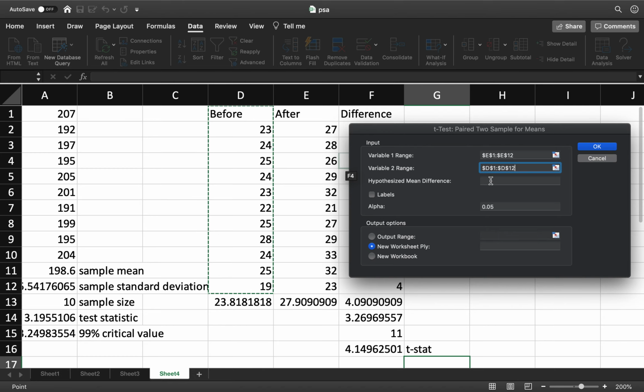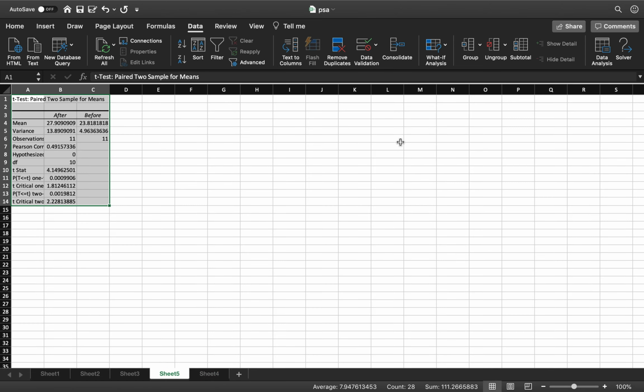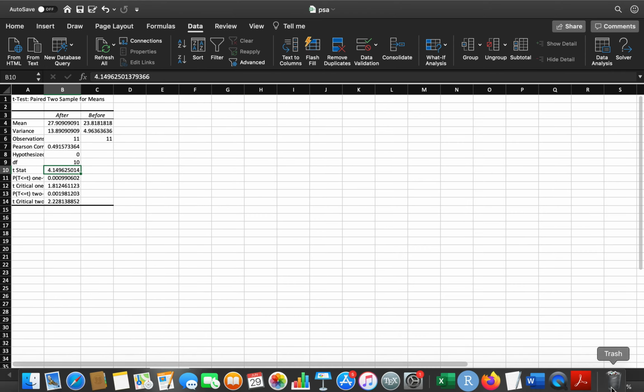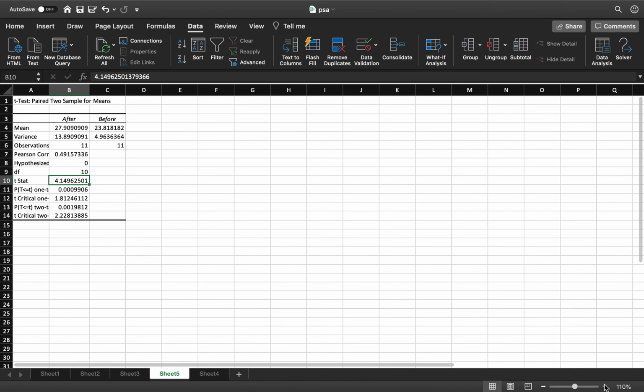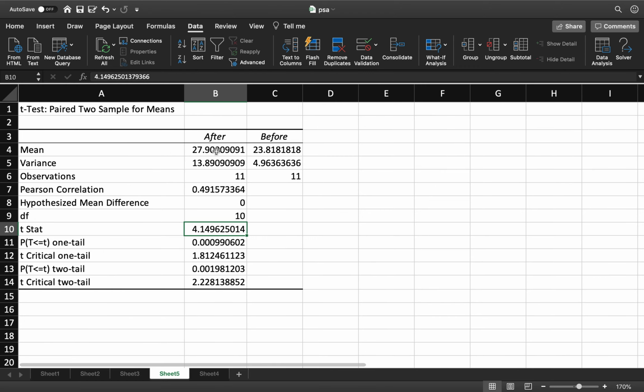The hypothesized difference between the groups is 0. There are labels. Alpha is the confidence that you want. You just hit OK. And here's the test statistic that we had previously. Here are the mean differences.